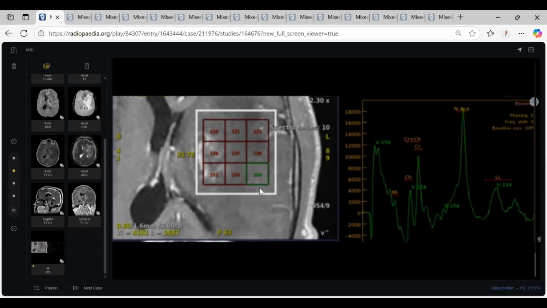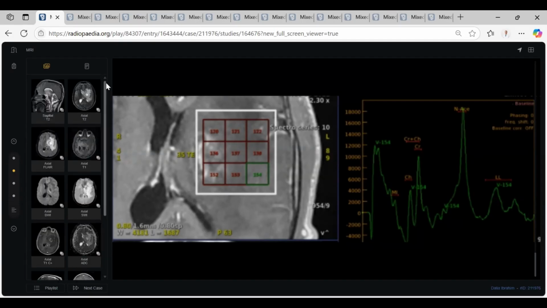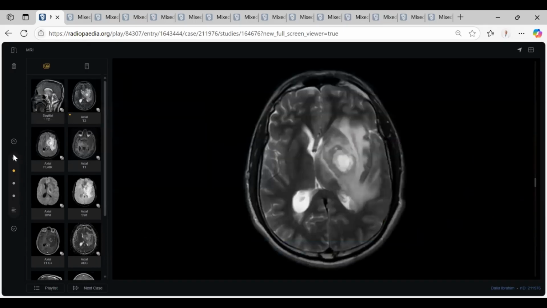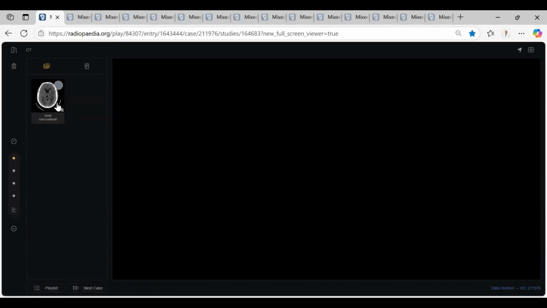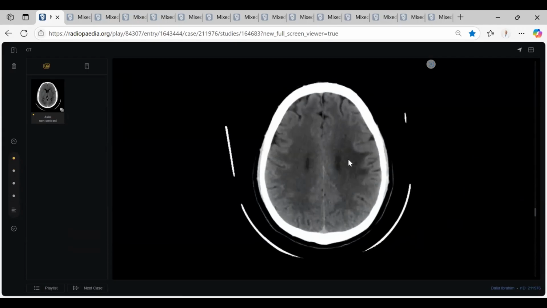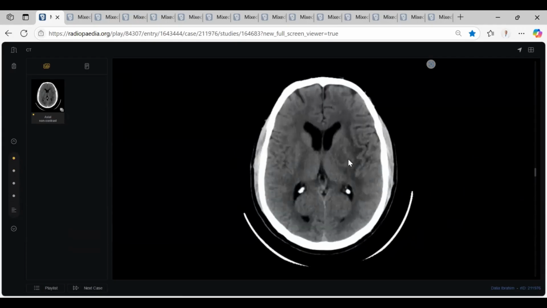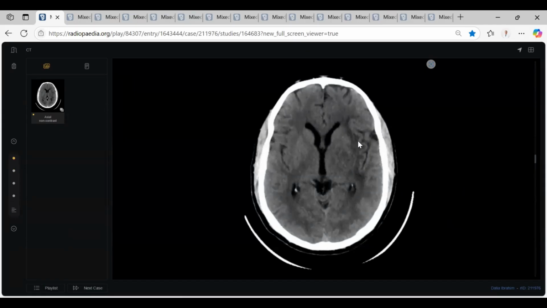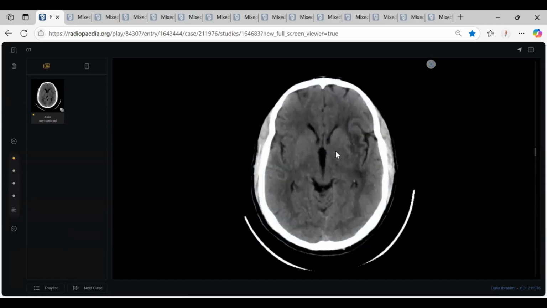It is a very difficult case. As you see, my colleagues, I will start from CT. Don't forget, this is edema. It's very obvious, but edema is not the main pathology. There are ring-enhancing lesions here in the basal ganglia, and this is a classic toxoplasmosis.